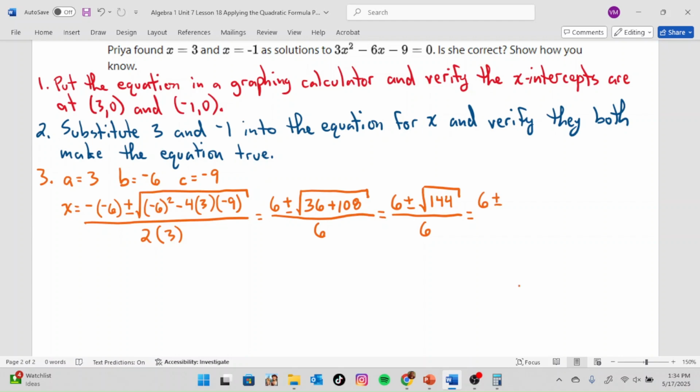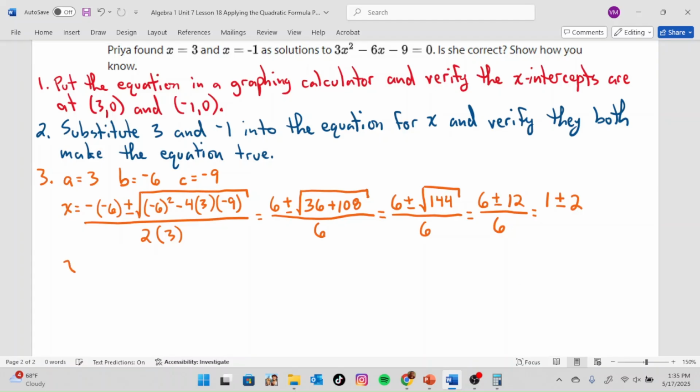The square root of 144 is plus or minus 12. At this point, I know that 6, 12, and 6 are all divisible by 6. So 6 divided by 6 is 1. 12 divided by 6 is 2. And 6 divided by 6 is 1. So we can just leave this as our answer.